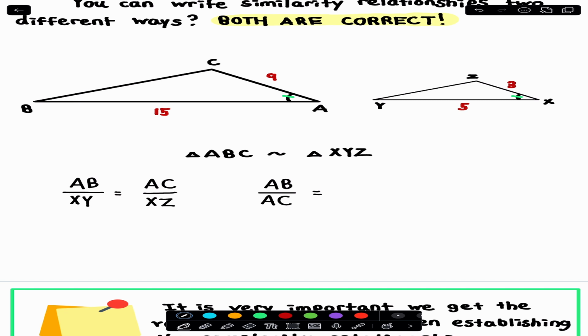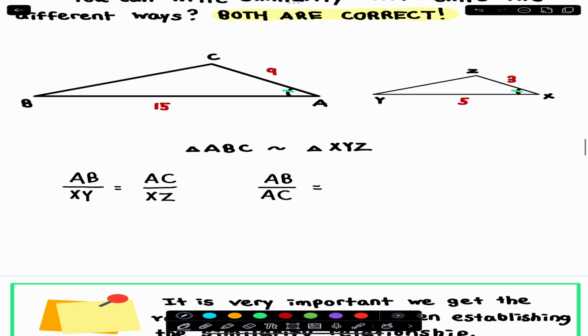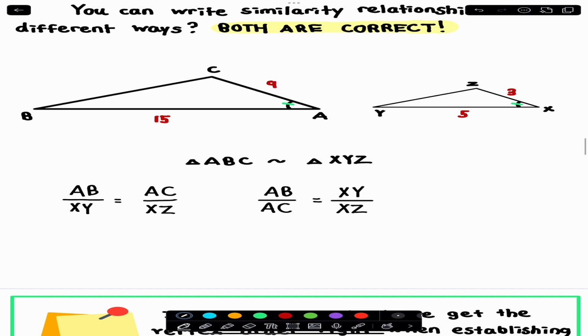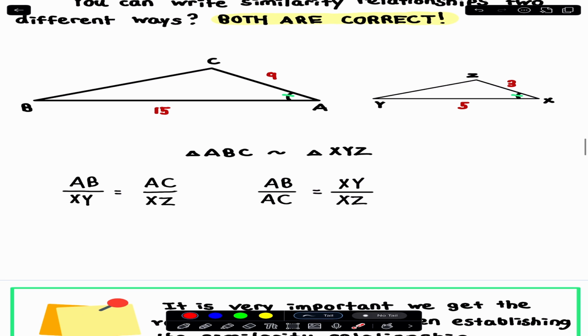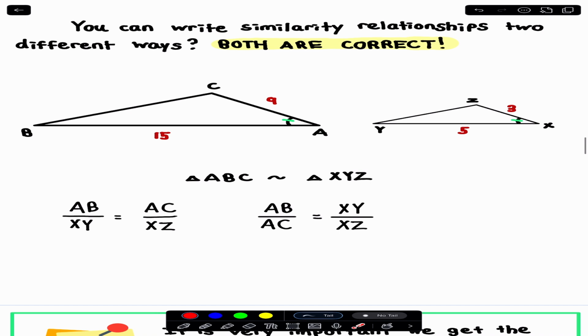Why don't you look over here? 5 and 3. So AB over AC is equal to XY over XZ. And notice how even though these two ratios may look different, they're actually saying the same thing, and they're both correct.